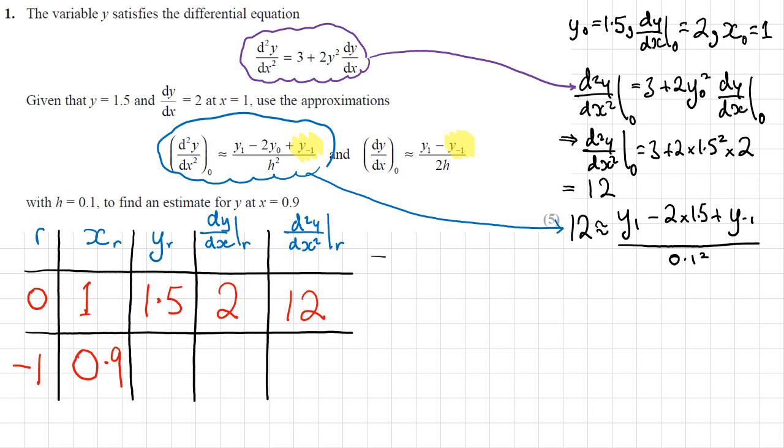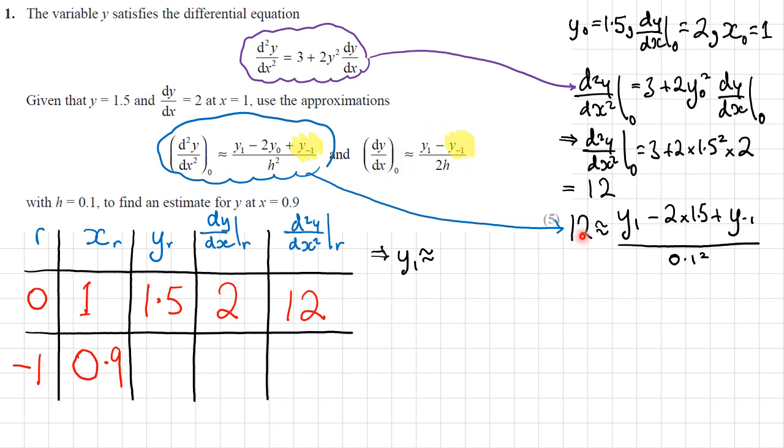Now because I know that I'm trying to find y sub minus 1, at this stage I'm going to rearrange this to make y1 the subject, so that I then can eliminate it from the second equation when I use that in a moment.